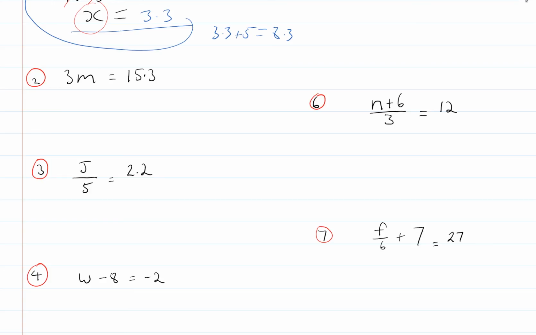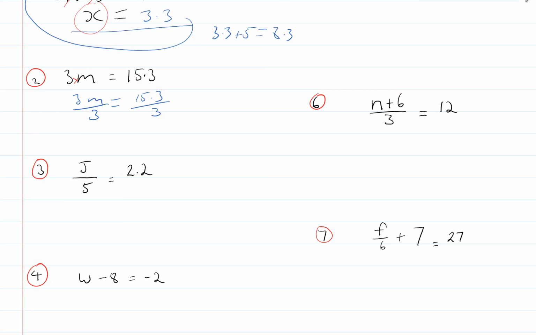Okay, the next situation we've got is we've been multiplied by 3, and the opposite of multiplying is dividing. So we're going to put our equals underneath each other. I've got 3m, and I'm going to divide by 3. And 15.3, I'm going to divide by 3. I'm doing the same to both sides of the equals sign.